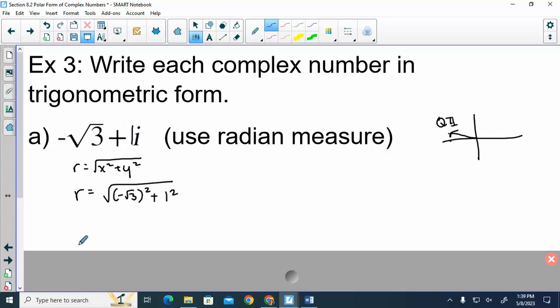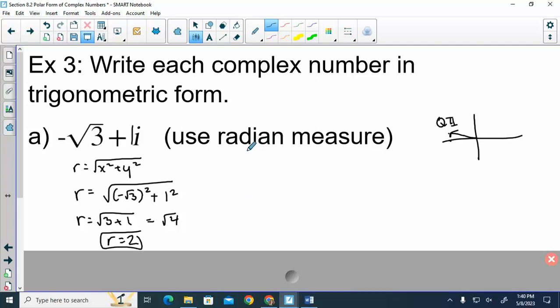This is just a 1i, so it's negative radical 3 squared plus 1 squared, plus 1, so it's the square root of 4. And our r is 2.